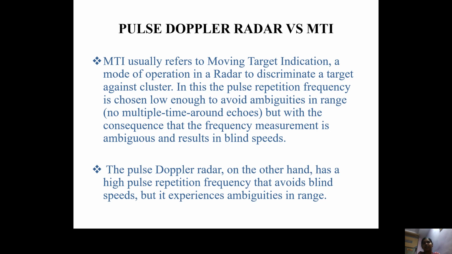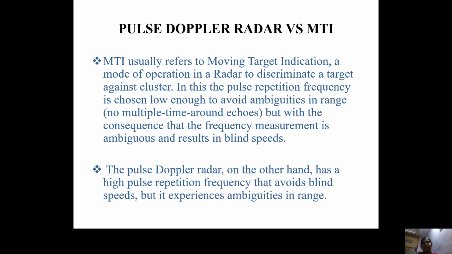MTI usually refers to the moving target indication, which is the mode of operation in a radar to discriminate a target against clutter. This moving target indication is especially used in pulse Doppler radar. It separates a target of our interest from the remaining unwanted fixed targets, which are commonly known as clutter.